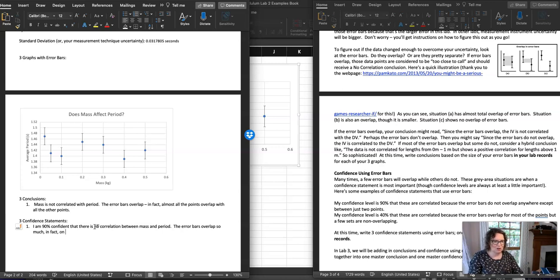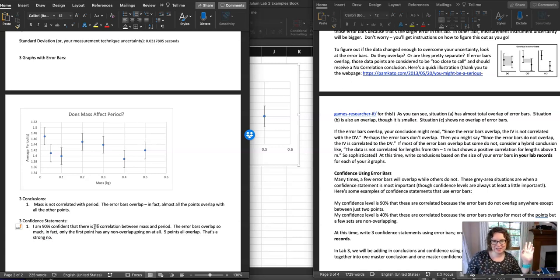In fact, only the first point has any non-overlap going on at all. So, I mean, 5 of my points, all overlap. That's a strong no.